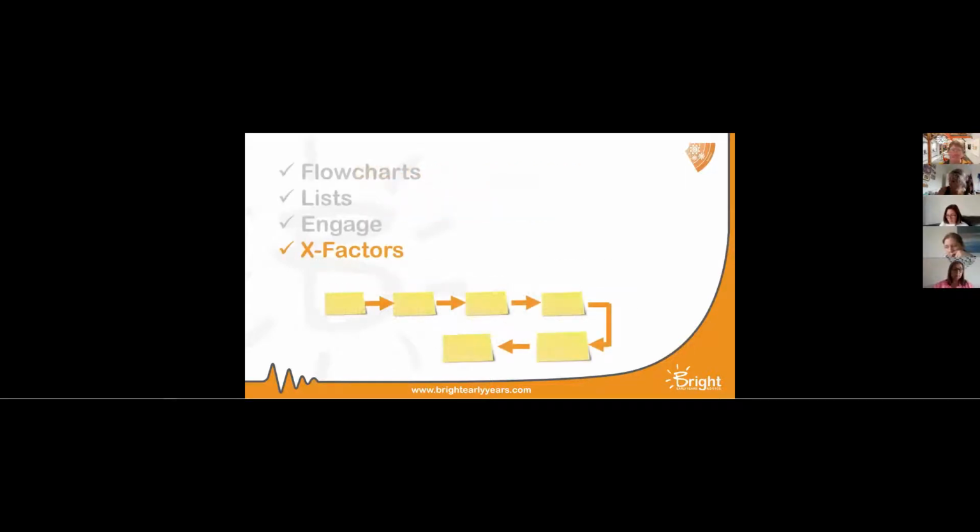And it's about building in these X factors, these wow moments, into the steps that you're creating, and thinking, after a certain period of time, let's do something extraordinary for them. Let's pop in a bit of a wow moment for them there, which could be anything.